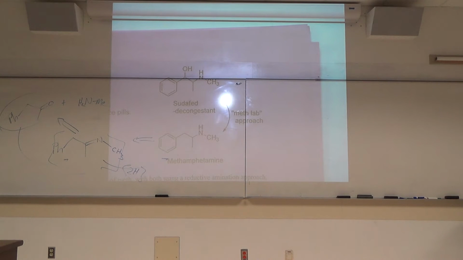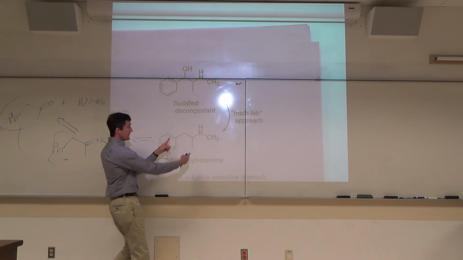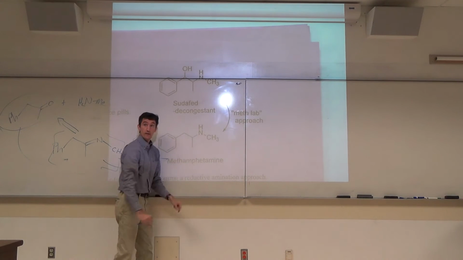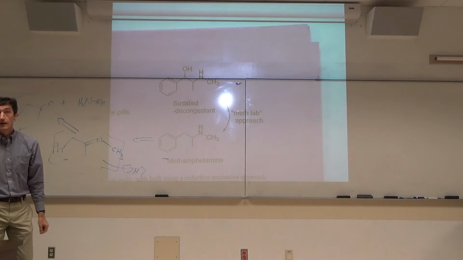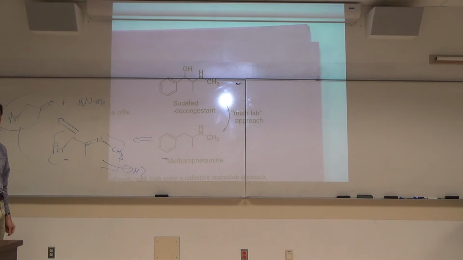What would be a second way to do a reductive amination? Instead of looking over here, let's look over there. Take a minute and do the approach to make the carbon on the other side. What would be the starting materials there?